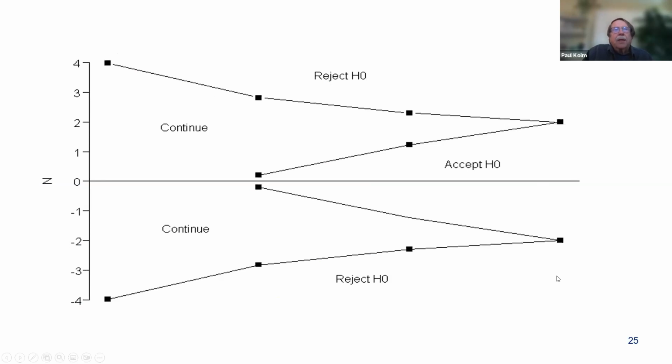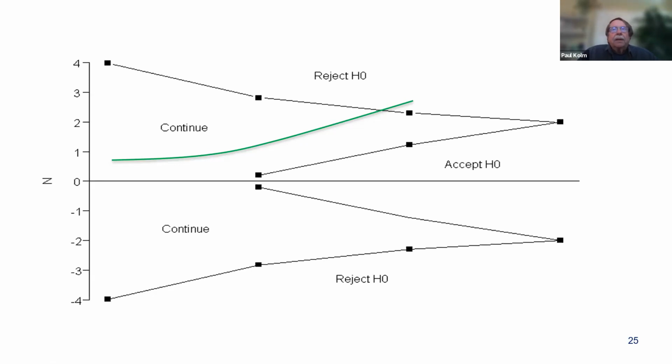And so we can calculate these boundaries where at each look, we can either continue the study, or if it falls outside of our boundaries here, then we'll either reject the null hypothesis or we'll accept the null hypothesis. And so, for example, here, if on our 3rd look we find statistical significance, then we could stop the study.